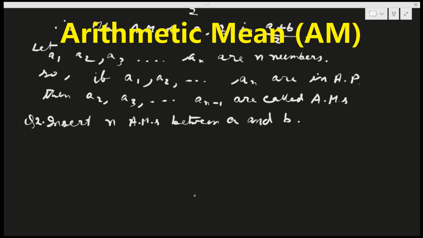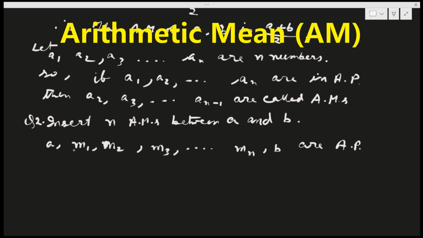So we may write A, the first arithmetic mean denoted by M1, the second denoted by M2, the third arithmetic mean denoted by M3 and so on, Mn meaning the nth arithmetic mean, and B are in AP.